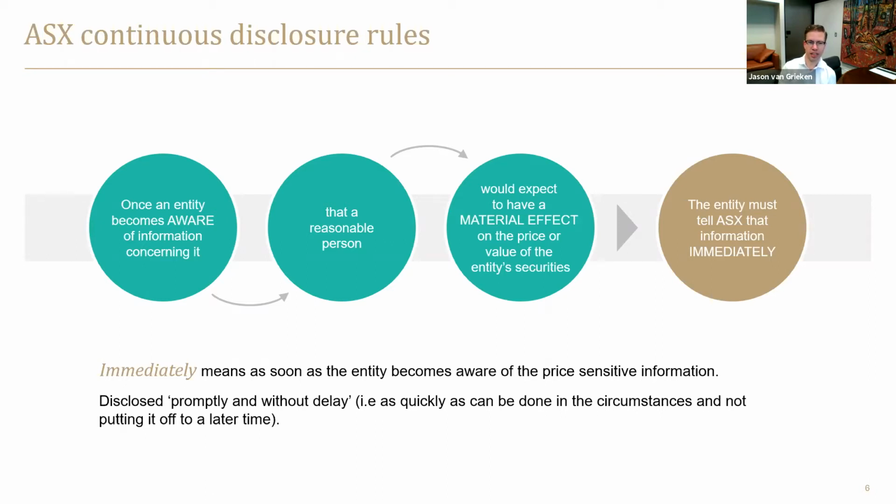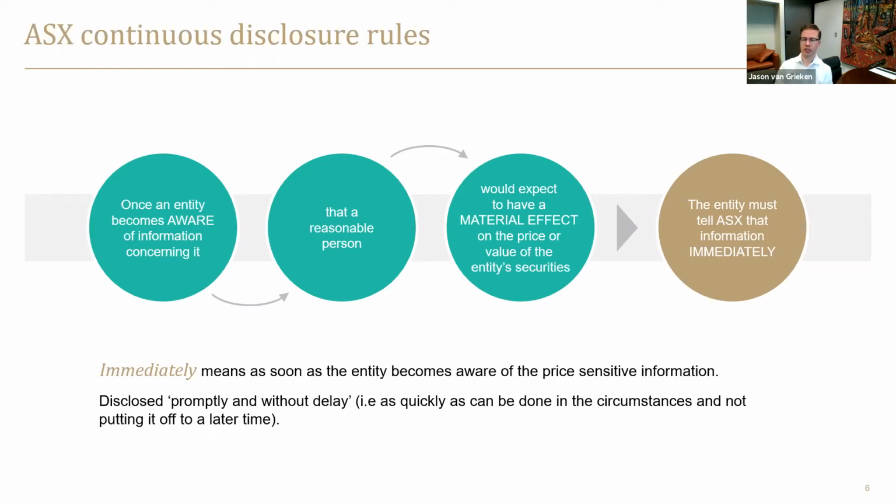The first element is when an entity becomes aware of information, which I'll touch on in a minute. The second part is whether a reasonable person would expect that information to be disclosed, and whether they would expect it to have a material effect on the price or value of securities. If those tests are satisfied, then the company has to immediately disclose that information.